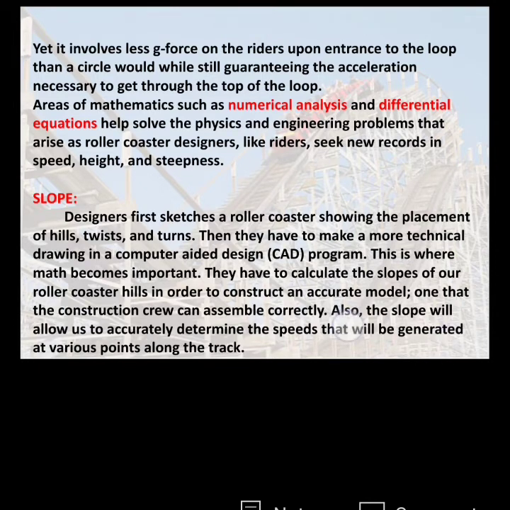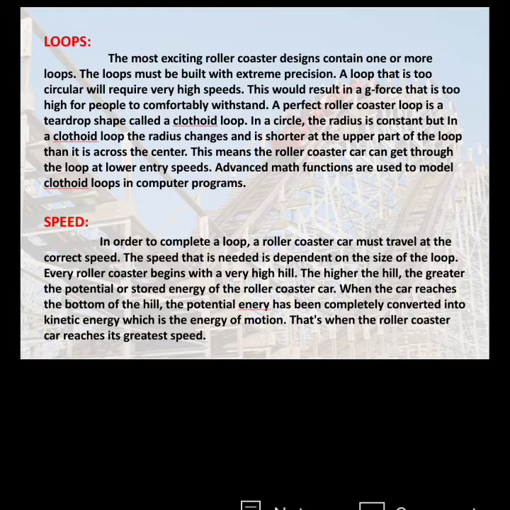Loops. The most exciting roller coaster designs contain one or more loops. The loops must be built with extreme precision. A loop that is too circular will require very high speeds. This would result in a g-force that is too high for people to comfortably withstand. A perfect roller coaster loop is a teardrop shape called a Clothoid loop.